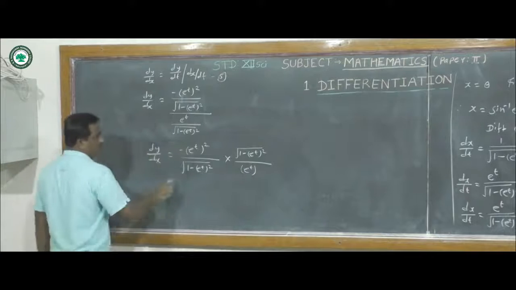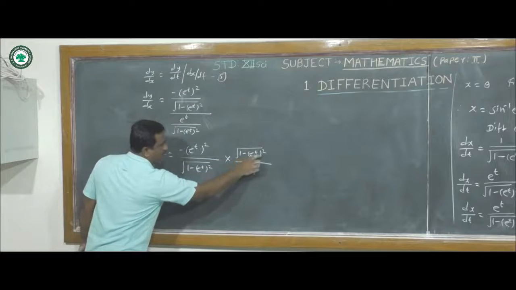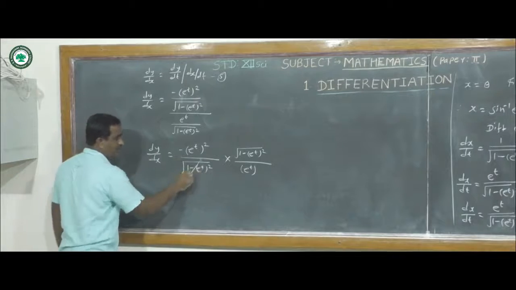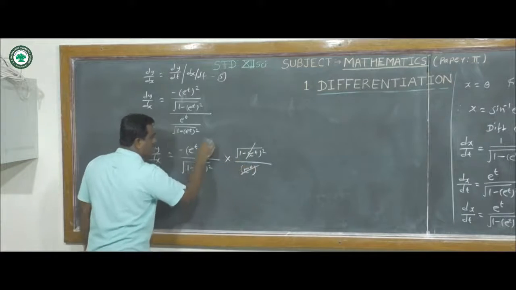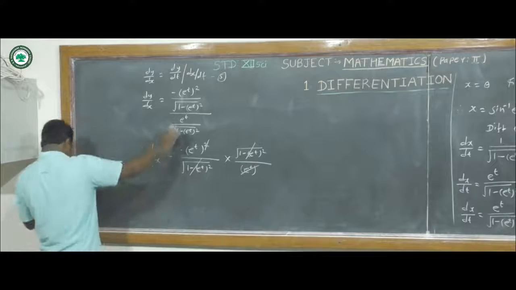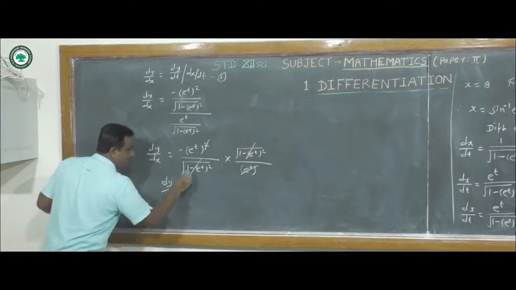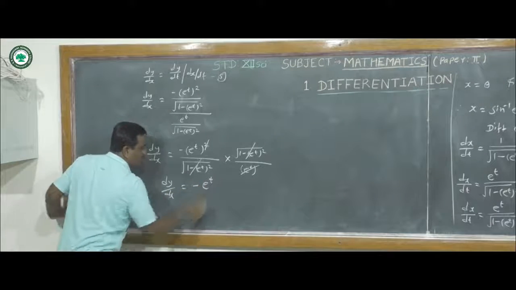Okay, now under root 1 minus (e raised to t) square upon under root 1 minus (e raised to t) square cancel out, and one e raised to t cancels, therefore we can write here dy by dx is equal to minus e raised to t.